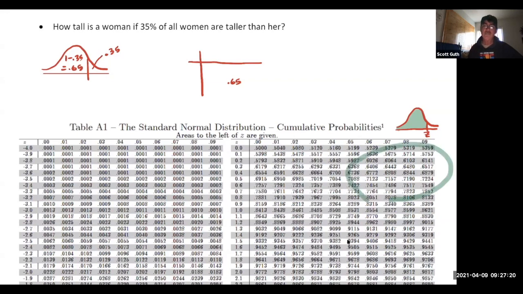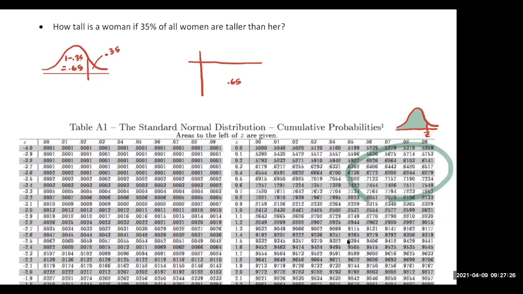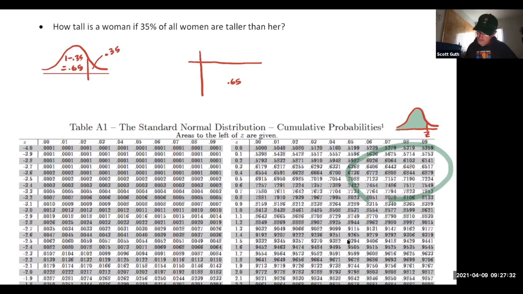Somewhere in here. Sorry, 0.39. Yeah, so you're doing the 0.6517 here. I'm with you. So 0.6517 is the closest to the 0.65, and that has a z-score of 0.39.